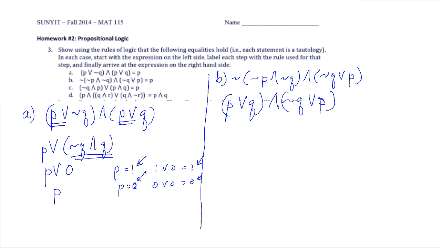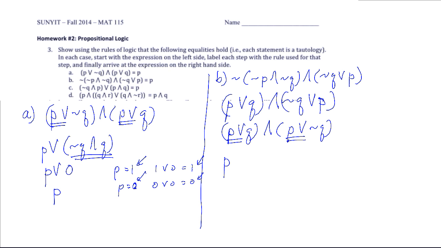And so I first applied De Morgan's, and then I'm going to apply the commutative rule to the not Q or P, and write P or not Q. And once I've done that commutative rule, I can identify the P or, which can be factored out.